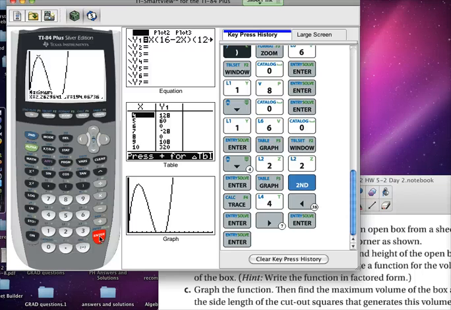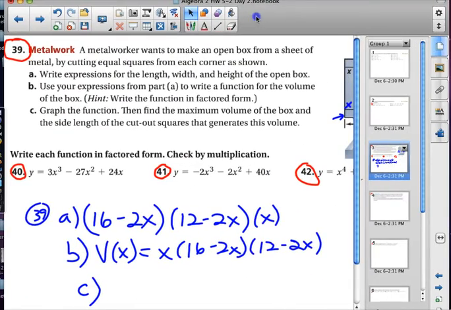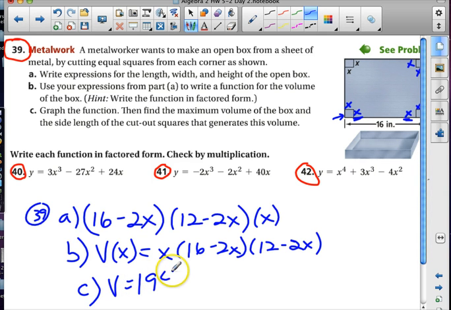So that would be what we would want to write down for this one, that the volume would be about 194 cubic inches and about 2.3 for the dimension. So again, 194 cubic inches, and then we had, like I said, about 2.3 inches for the x value there.